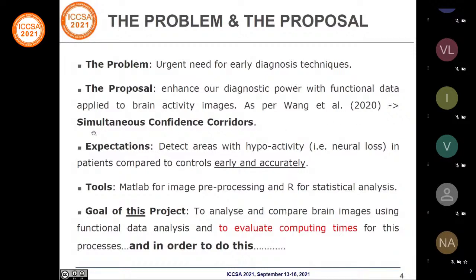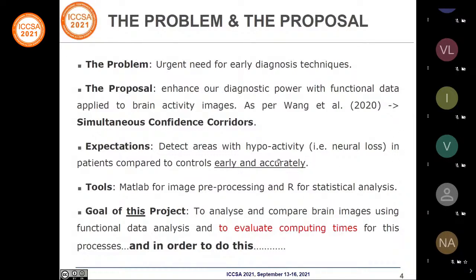I will develop this in the following slides, especially simultaneous confidence corridors, also known as simultaneous confidence bands, which is a theoretical approach proven to be efficient in Wang et al. 2020. And as far as I know, we in Santiago are the first ones to apply this methodology to a practical case.